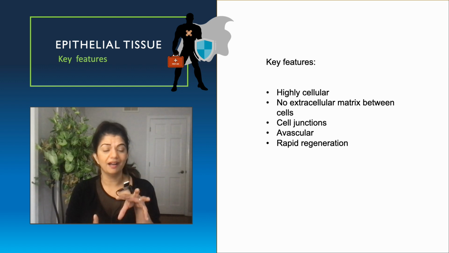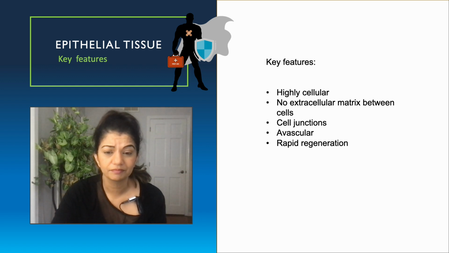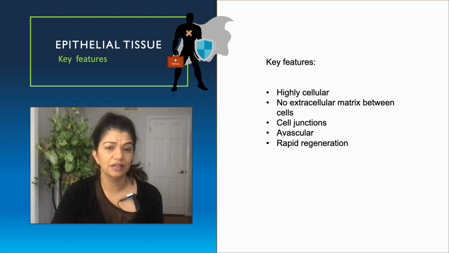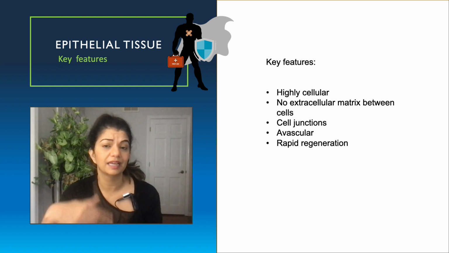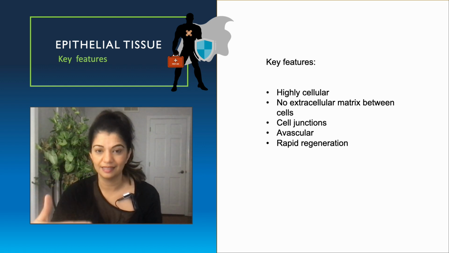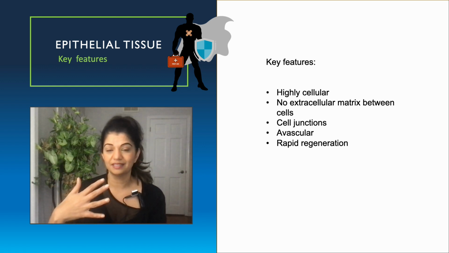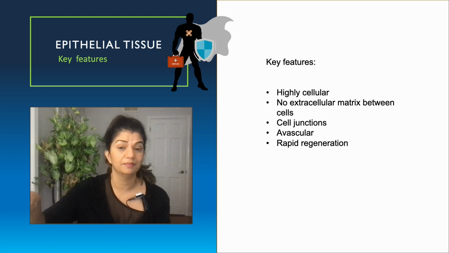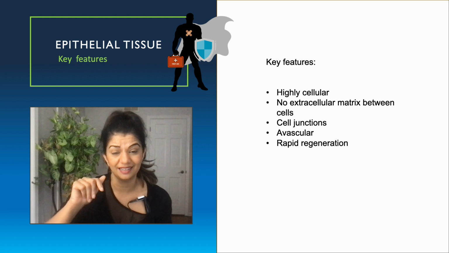And that's why the ability to connect to the underlying tissue is going to be very important. Also, we know that epithelial tissue is capable of rapid regeneration, replacing damaged cells and dead cells, and it enables that capacity of sloughing off damaged or dead cells as necessary, especially in keratinized epithelia.